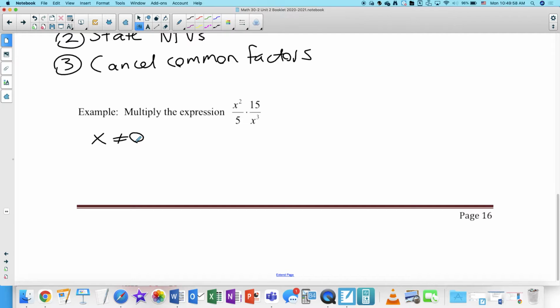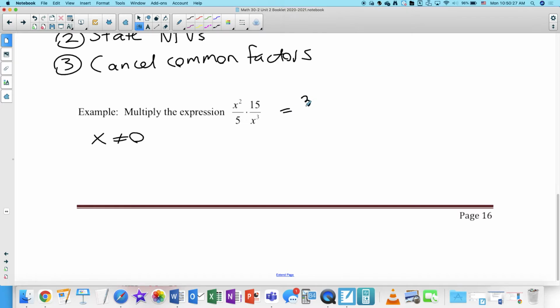at this point, some of you guys will be able to just do this in your head. And if you can, go for it. Okay, so if you can do this in your head, do you know how this would simplify? If you have 15x squared over 5x cubed, what's going to happen there? 3 over x, yeah. So if you can do that, great. If not, remember you can always expand these guys out into their prime factorizations.